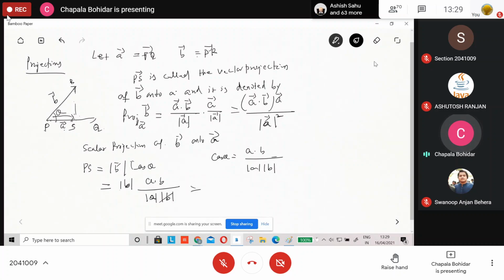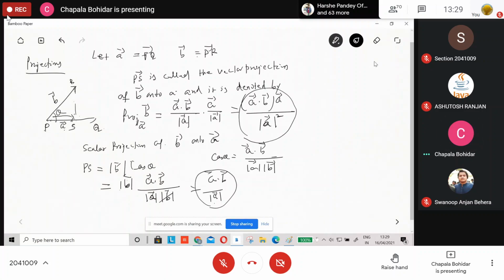We have only A dot B, all vectors, by the absolute value of A. Clear? So this is the formula for the scalar projection of B onto A. Read the question: it is B onto A. And this is the formula for the vector projection. All of you clear? Yes, ma'am.